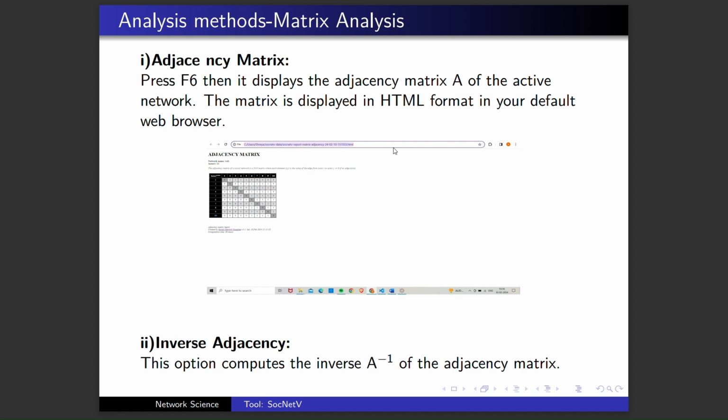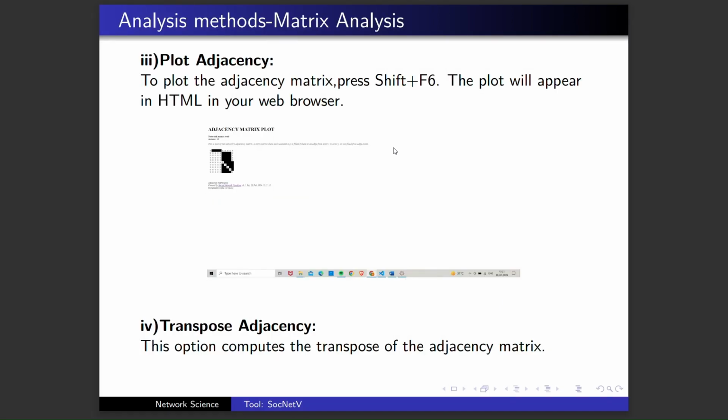SocNetV also provides an option for getting the inverse of the adjacency matrix. Again, just go to Analysis, press Inverse Adjacency, and you get it. Or go to Network, Matrix Analysis, and Inverse Adjacency, then you get the HTML format of your inverse matrix. Then plot adjacency.